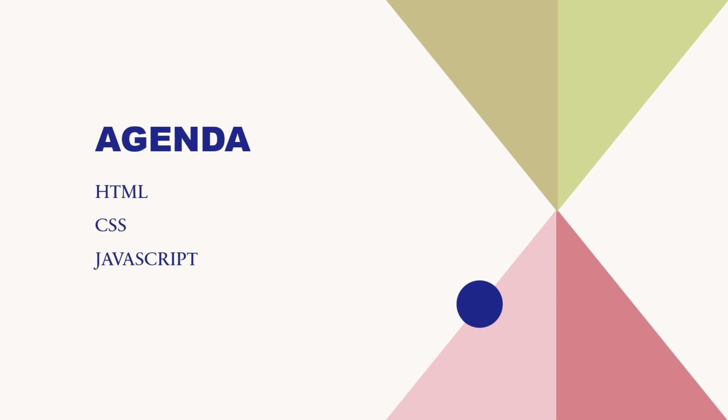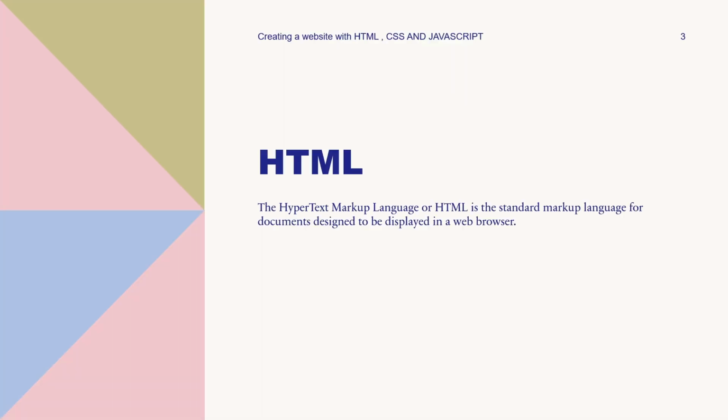When someone says HTML, I see it as the main structure of the website, the skeleton, because that's what the CSS and JavaScript is built on. HTML means hypertext markup language, the standard markup language for documents designed to be displayed on a web browser.